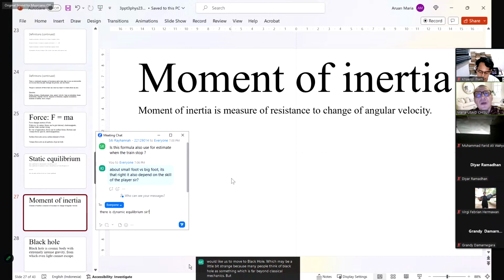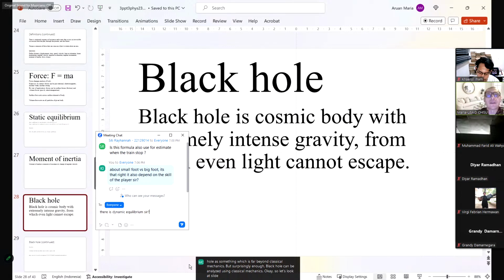But surprisingly enough, black hole can be analyzed using classical mechanics. So let's look at slide number 28. A black hole is a cosmic body with extremely intense gravity, from which even light cannot escape.